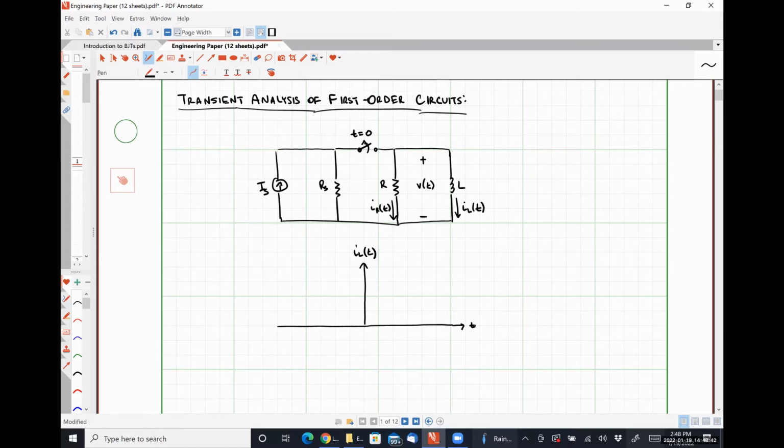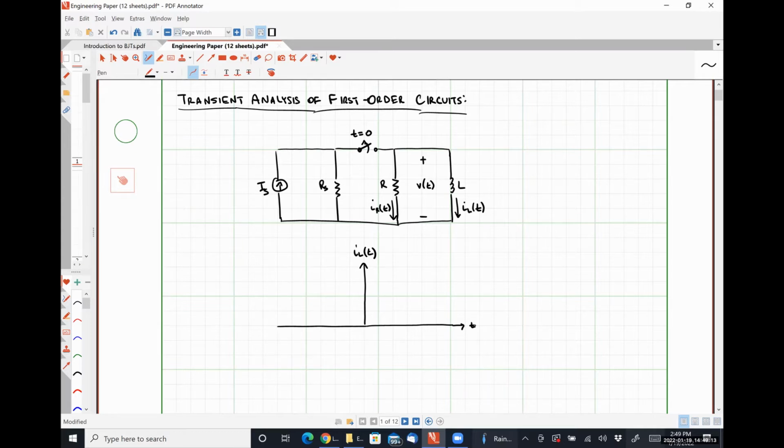So before our switch changes from closed to open, this is a DC circuit, okay? So we're going to assume that the switch has been closed for a very, very long time. And so we would have a simple DC circuit, and it should be fairly straightforward to see that the current flowing through the inductor, whenever this is a DC circuit with the switch closed, should just be exactly whatever IS is, okay?